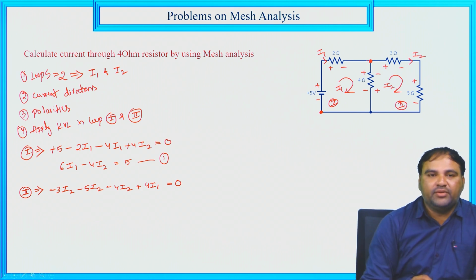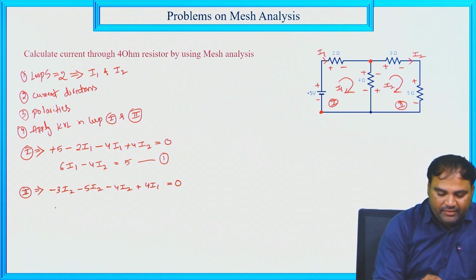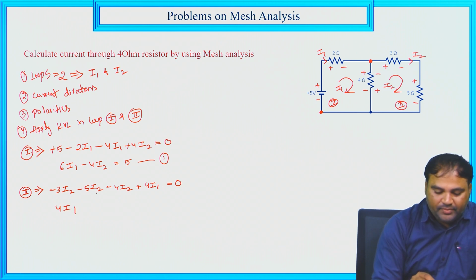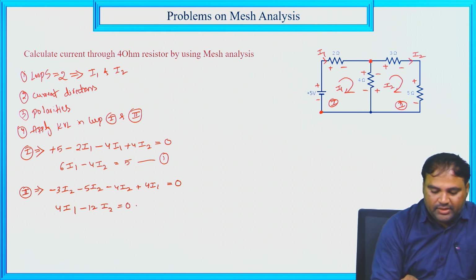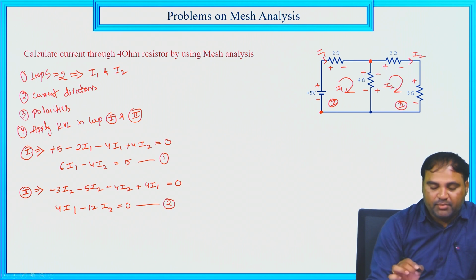Now simplify the equation. So plus 4I1, 5 plus 4 plus 3, so minus 12I2 equal to 0. Let us take this as equation number 2.